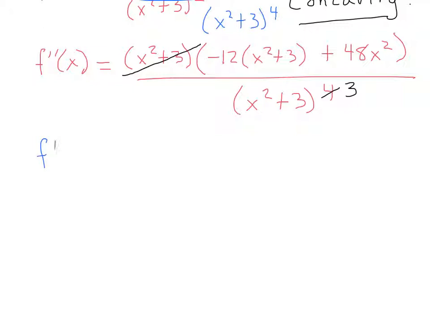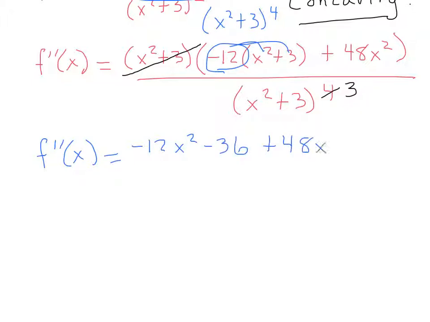And so now let's rewrite what we've got and let's simplify it. So I've got f double prime of x equals, and I'm going to go ahead and distribute this negative 12 here and here. So I have negative 12x squared minus 36 plus 48x squared, and that's all over (x squared plus 3) cubed.